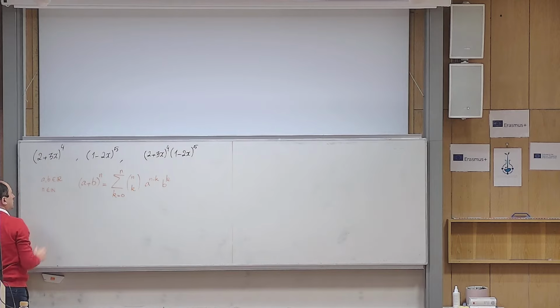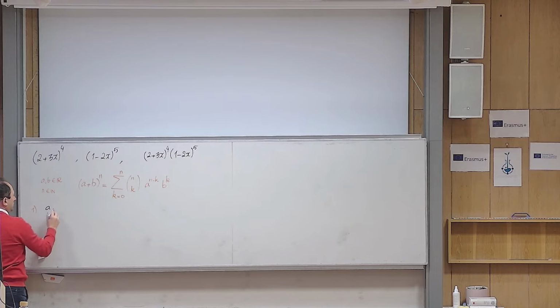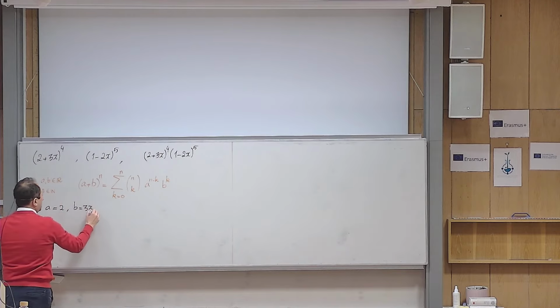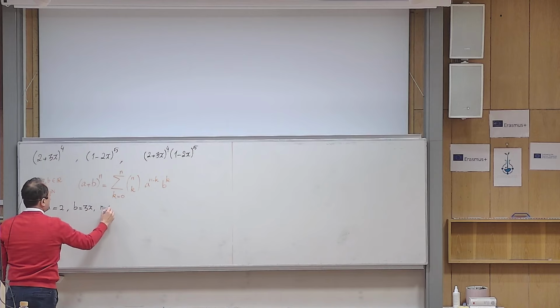For the first part, if you compare this one with that one, a is equal to 2, b is equal to 3x, and n is equal to 4.